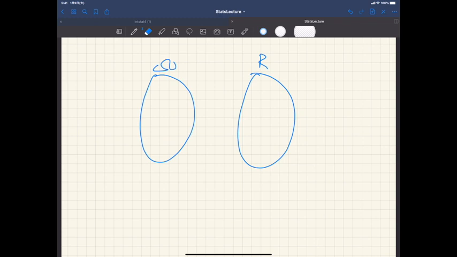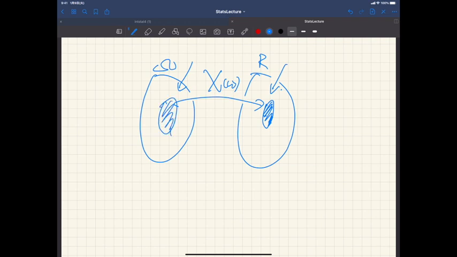In the first definition, we summed over all possible values in here. In the second definition, we sum over all possible points in omega. But they are of course related by random variables. So whether we sum here or here doesn't really matter. We're actually looking at the same thing.